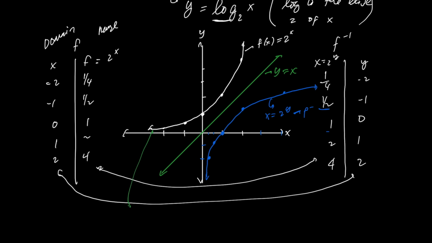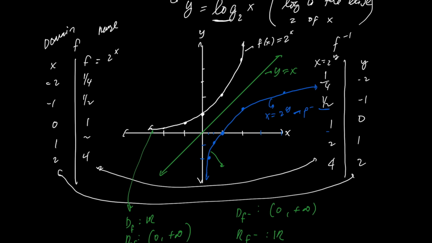So again, the domain of this is all real numbers, and the range is from 0 to positive infinity. So therefore, this is for the function. For the inverse of that, which is the blue one, the domain is from 0 to positive infinity, and its range is all real numbers.